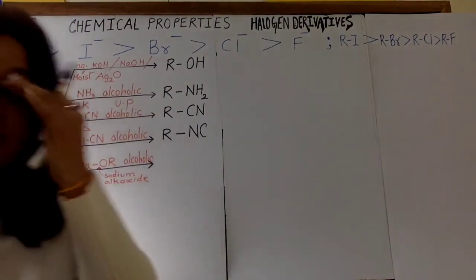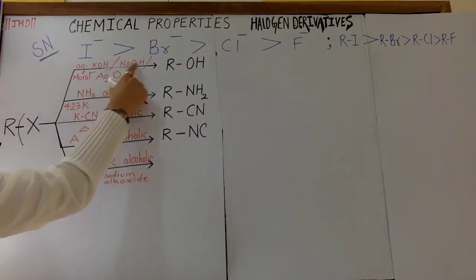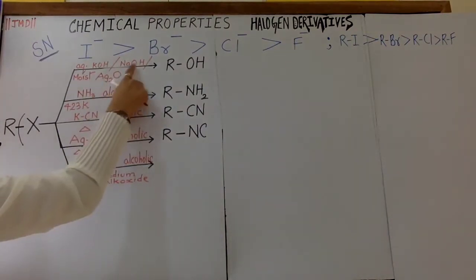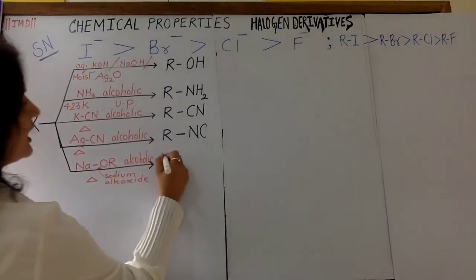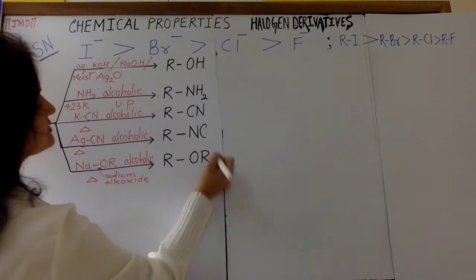It's simple. See, sodium hydroxide, sodium alkoxide. So the halide ion gets replaced by the alkoxide group.